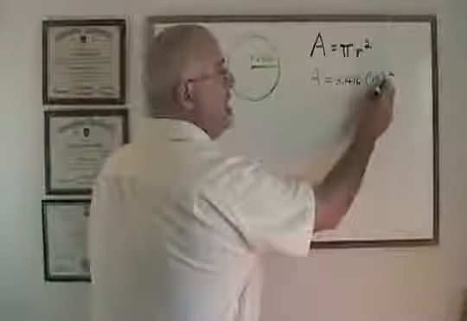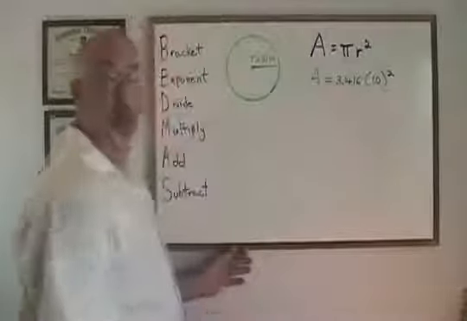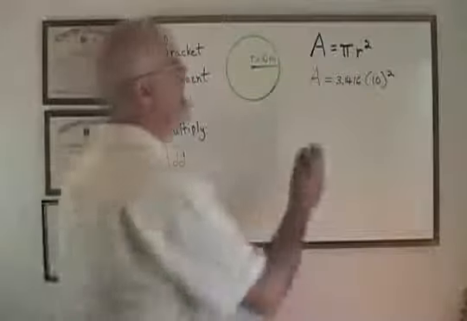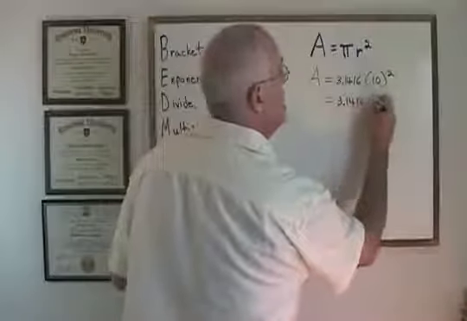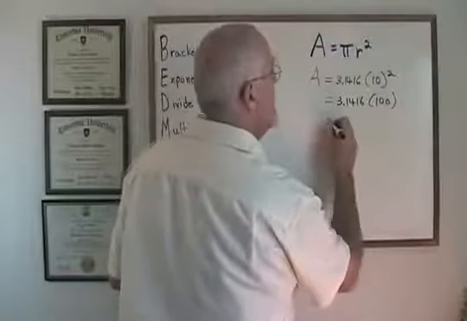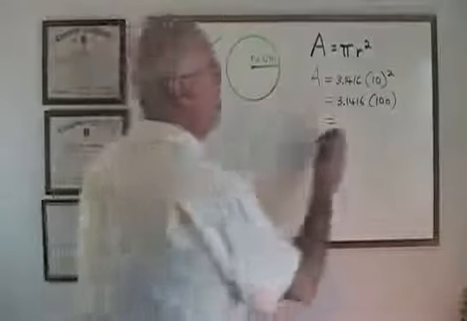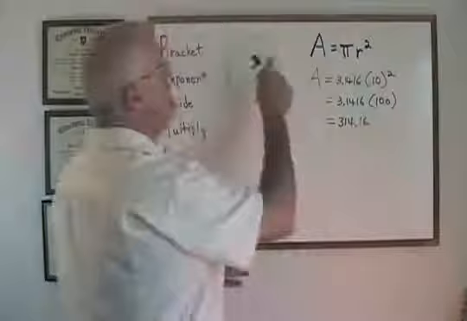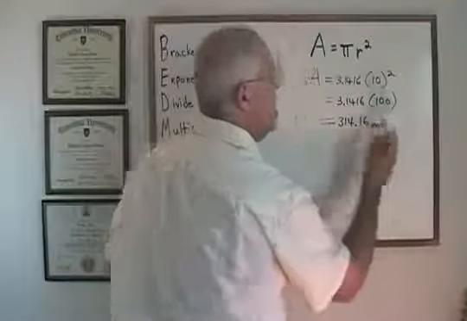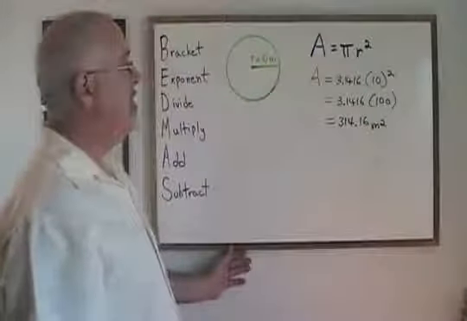We have to square this 10 before we multiply it by the 3.1416. Therefore, we get 3.1416 times 100, and our answer for the area of this circle will be 314.16 meters squared, because area units are always squared.